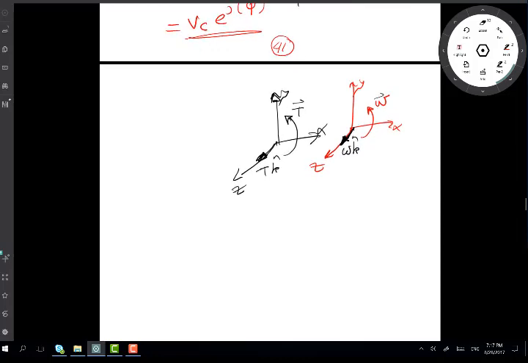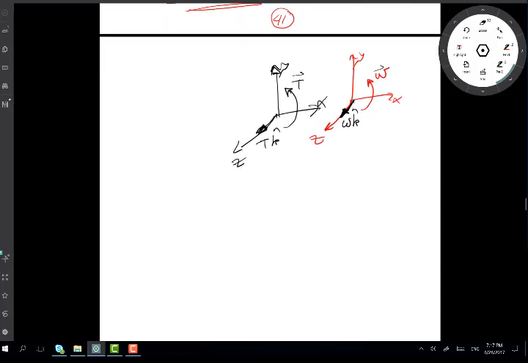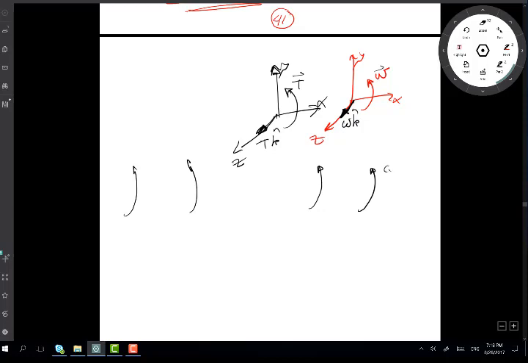But do I have to worry much about this? I don't, because we have already decided on a convention for omega to be positive or negative, and for T as well, because T and omega will be the same. For counterclockwise, omega is positive and T is positive.